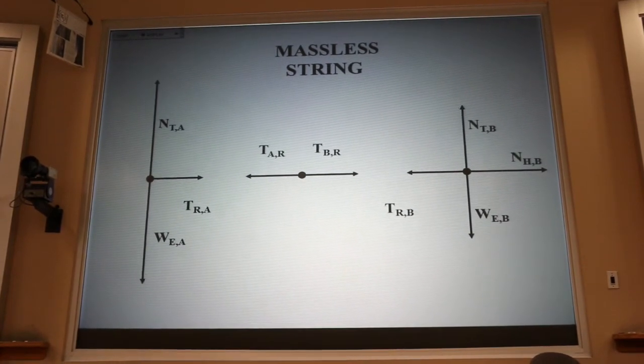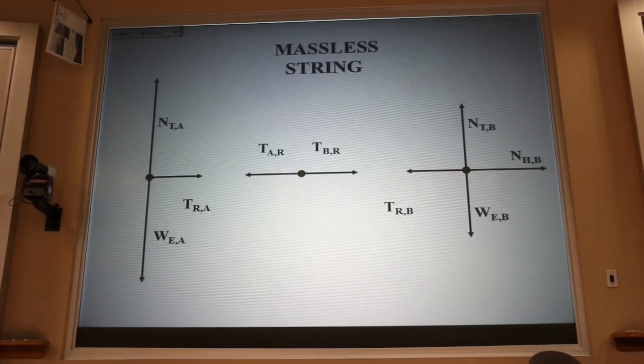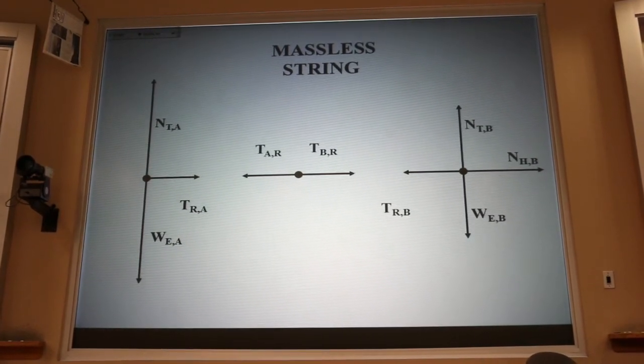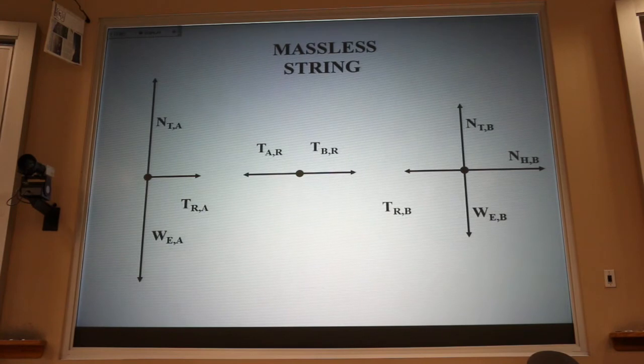And they talk about the tension in the string. Why is there only one tension in the string? Why isn't there a different tension at one end of the string than at the other end? And that's what we discovered in this tutorial. There is a very different tension at both ends of the string, unless it's a massless string.